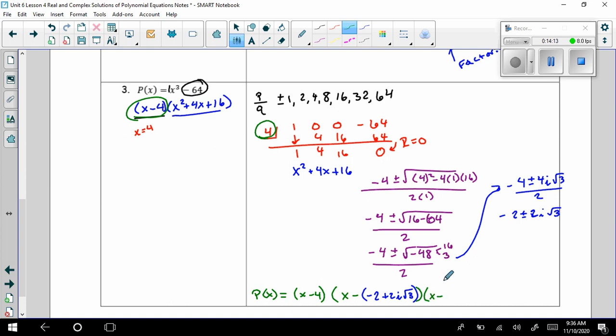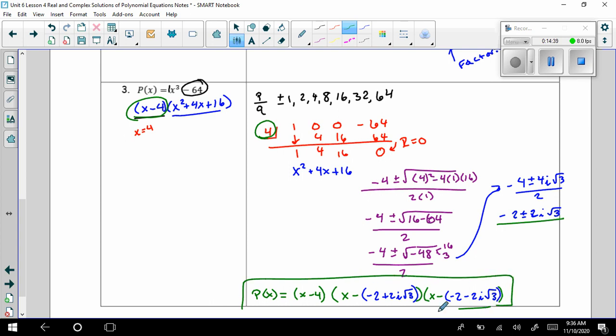And then we have x minus negative 2 minus 2i root 3. All right, so this whole thing is a 0, so this whole thing needs to go in your factor. Okay, and this is your factorization of this polynomial.